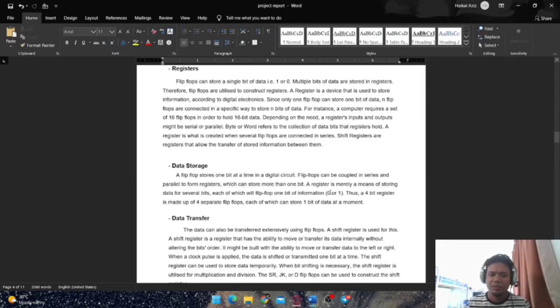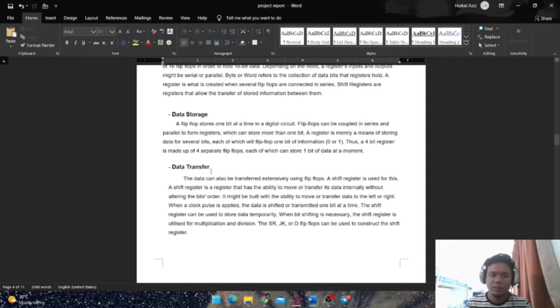A register is merely a means of storing data for several bits, each flip-flop holding one bit of information, 0 or 1. Thus, a 4-bit register is made up of 4 separate flip-flops, each of which can store 1 bit of data at a moment.